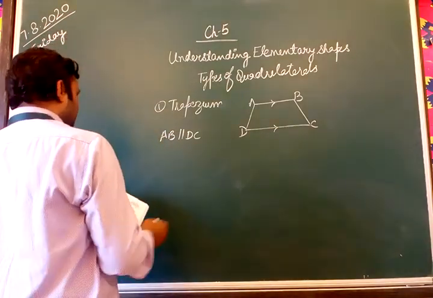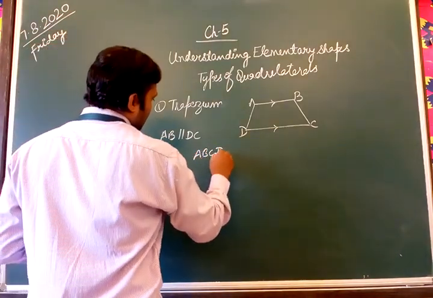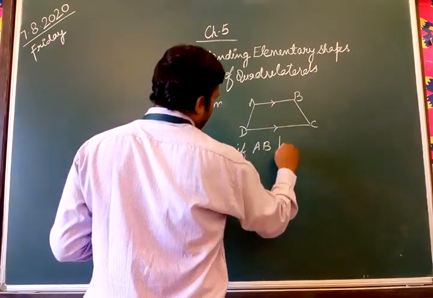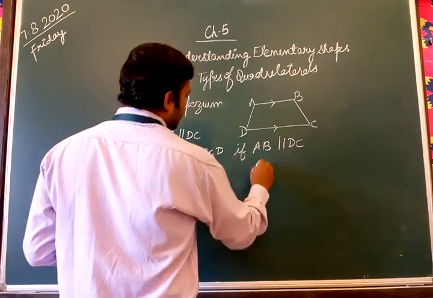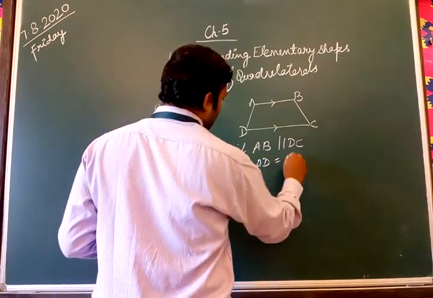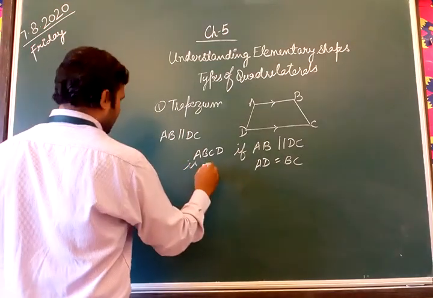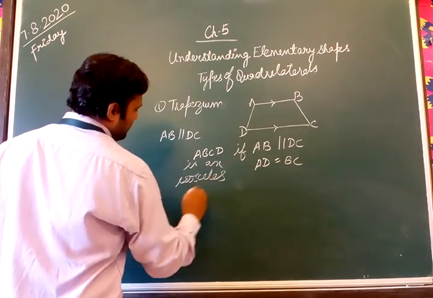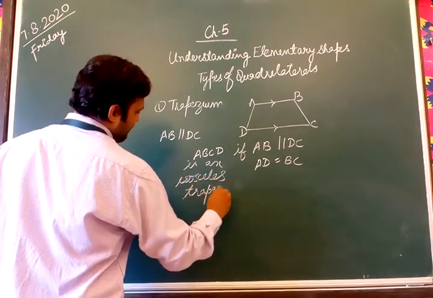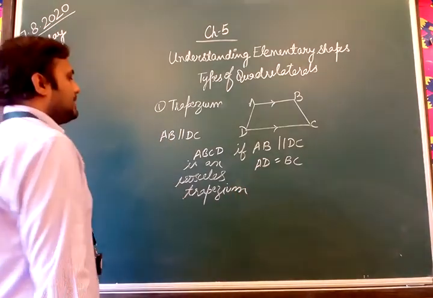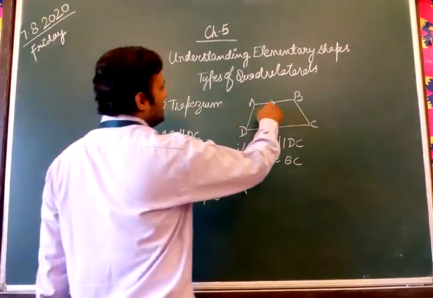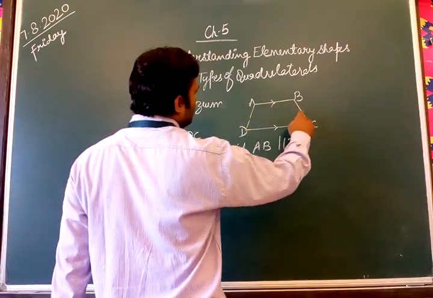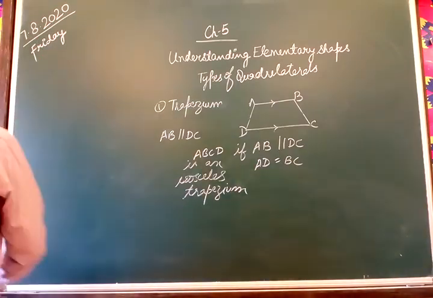So ABCD is an isosceles trapezium if AB is parallel to DC and AD equals BC. ABCD is an isosceles trapezium when this is parallel to this, and the non-parallel sides, this side equals this side. So this is a trapezium.